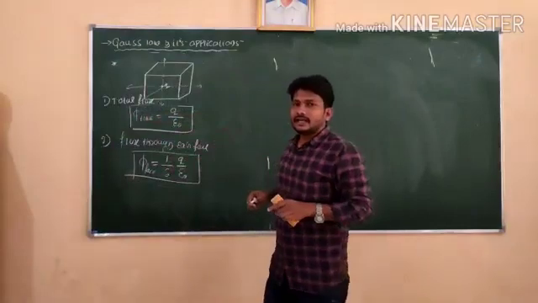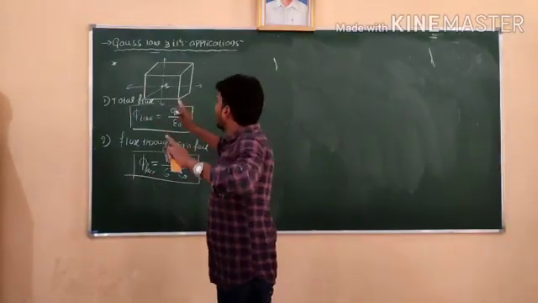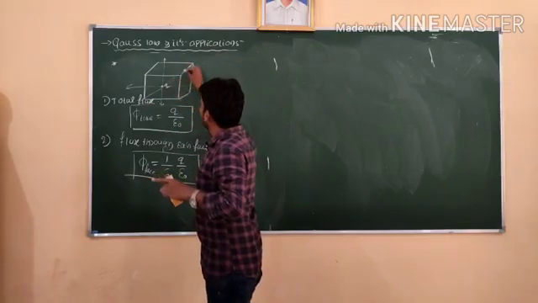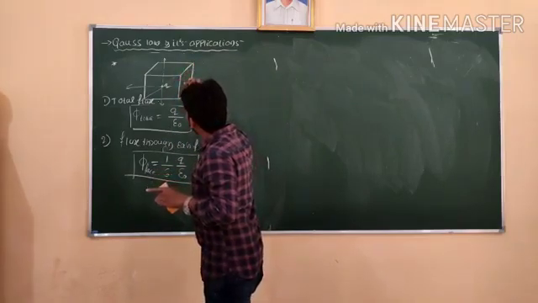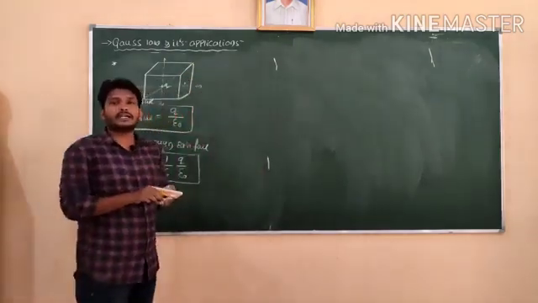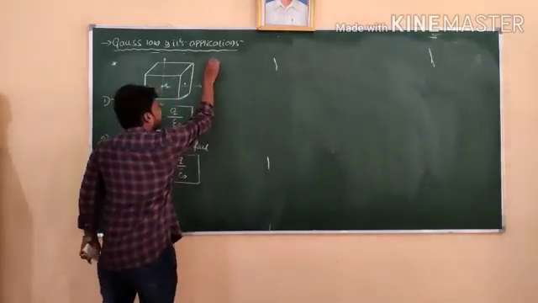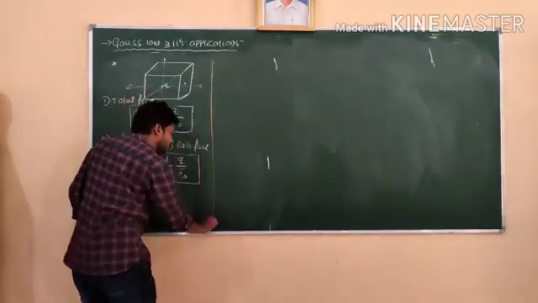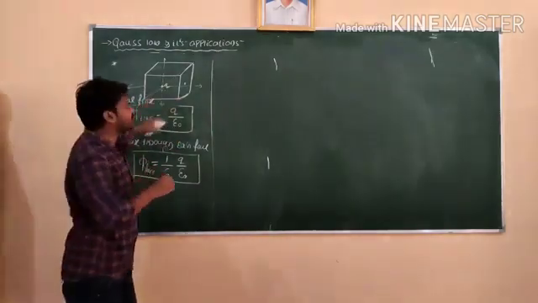Now let me consider the charged particle placed at one of the faces. I will choose one face and place the charged particle at the center of that face. So the first situation is the charged particle at the center of the cube.